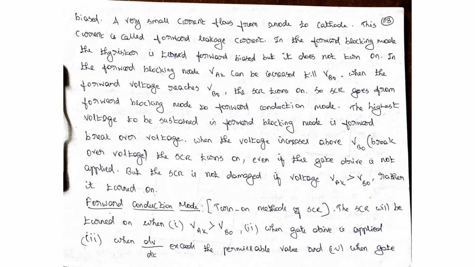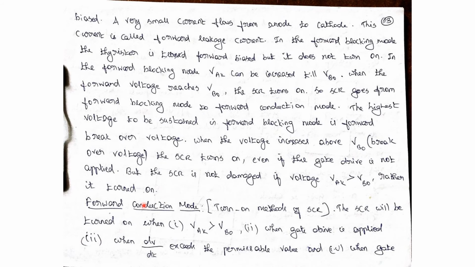In the forward direction, when the forward voltage increases, the SCR will be turned on. Breakover voltage means the highest voltage that can be sustained by the SCR to withstand. That is known as breakover voltage.